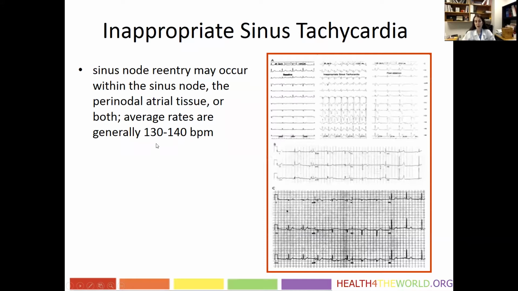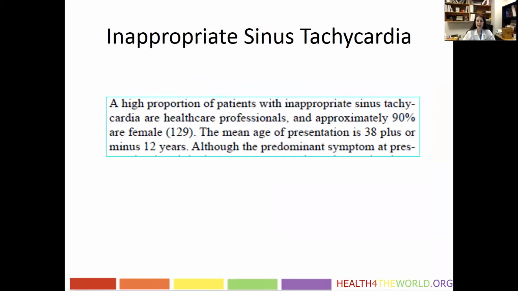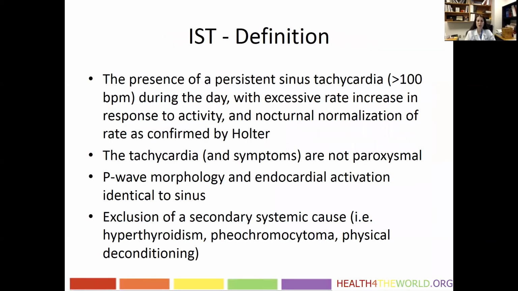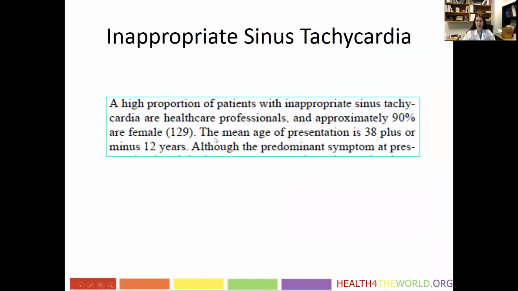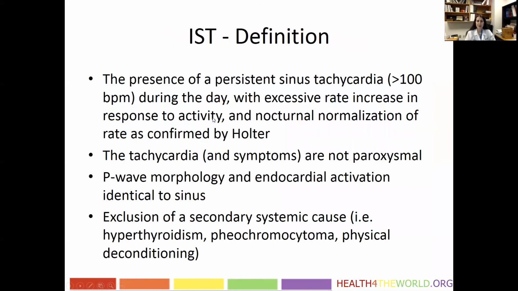It's a relatively slow tachycardia, 130 to 140 beats per minute. A large portion of the patients that I have seen, and this publication actually agreed with me, about 90% of them are females, and for some reason these females are healthcare professionals.